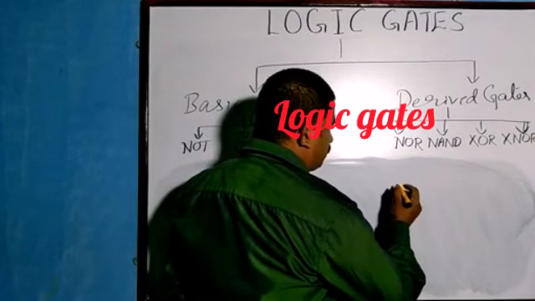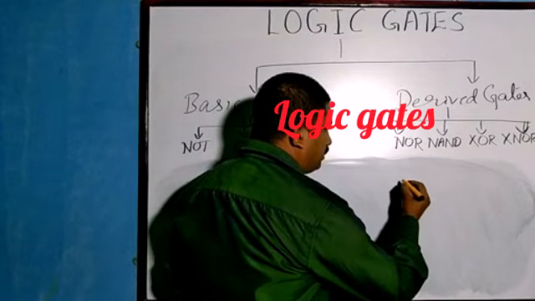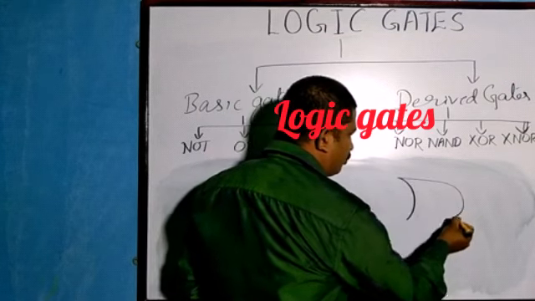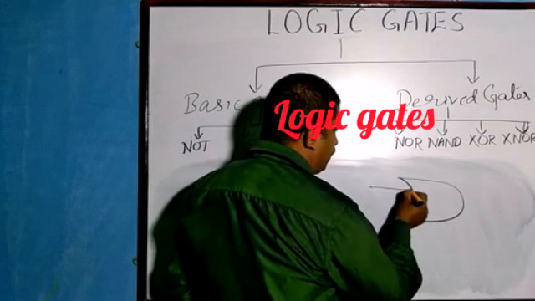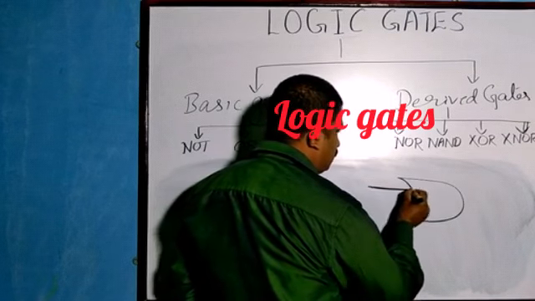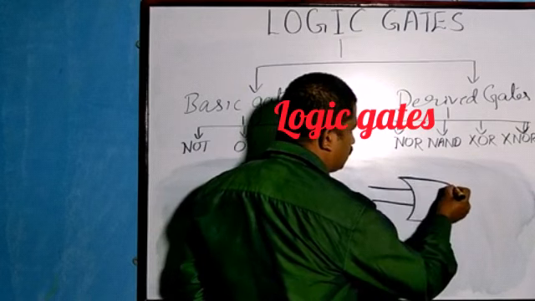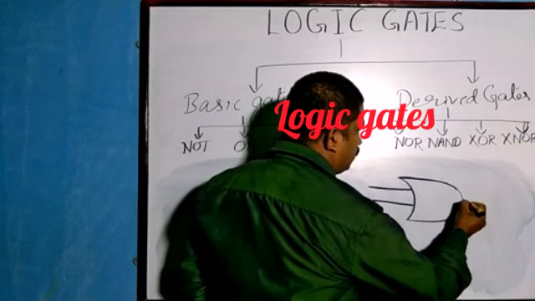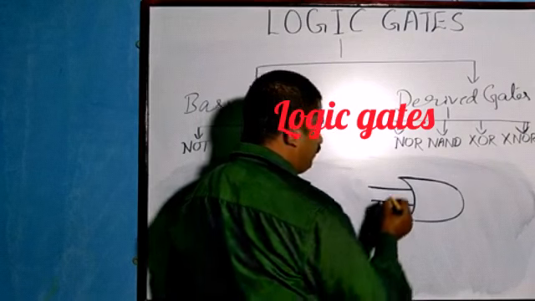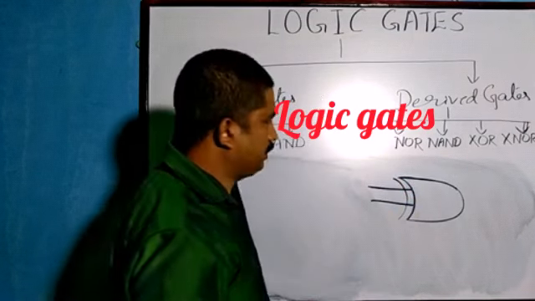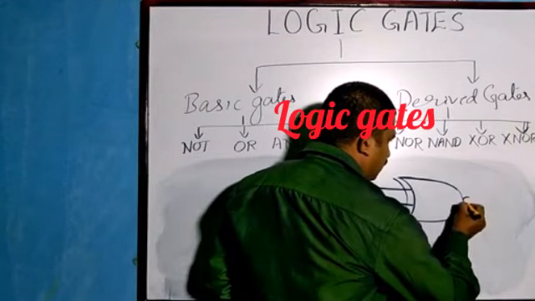XNOR. So let us write the circuit symbol. What is this? OR gate. So this is the OR gate. Okay. Then this becomes the XOR gate. Put a circle here.